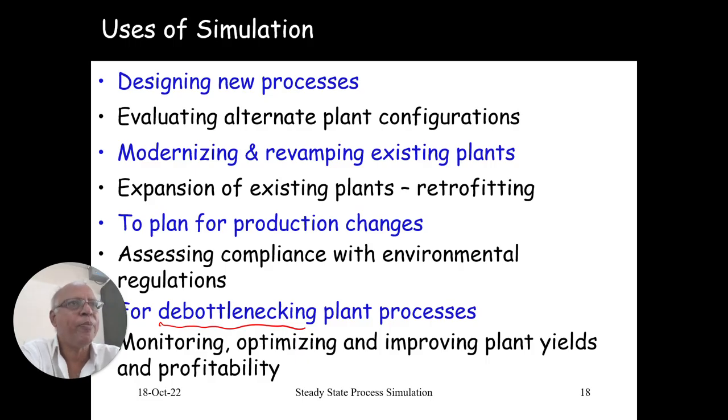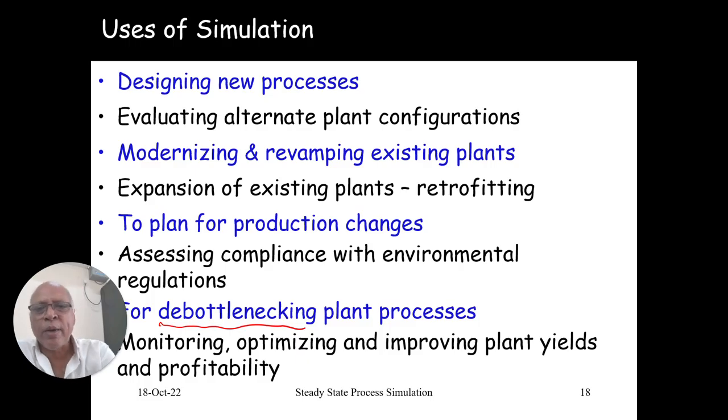So see what will happen if you replace the distillation column with an alternate technology, whether it is going to improve your profit or not. That is called revamping, retrofitting, expansion of existing plants. What are the changes that you would like to do? Revamping, retrofitting, bottlenecking, debottlenecking, they can be somewhat related. So you may be modernizing.